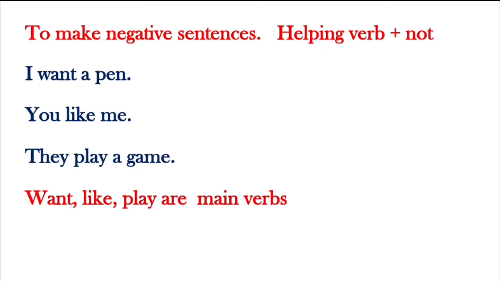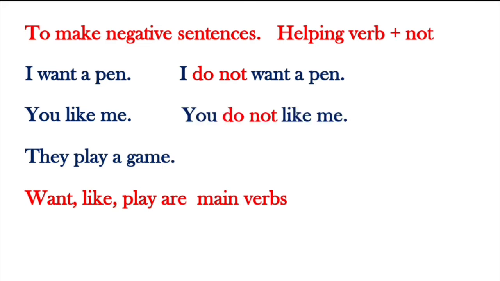As they are plural, we use the do form here. The main verbs want, like, play are in present form or base form. So we use do here as a helping verb to make the sentence negative. For the first sentence: I do not want a pen, or I don't want a pen.